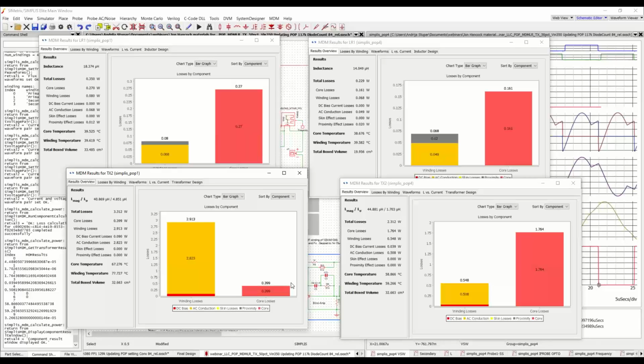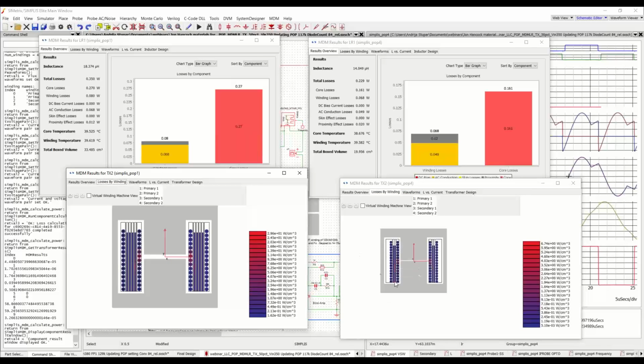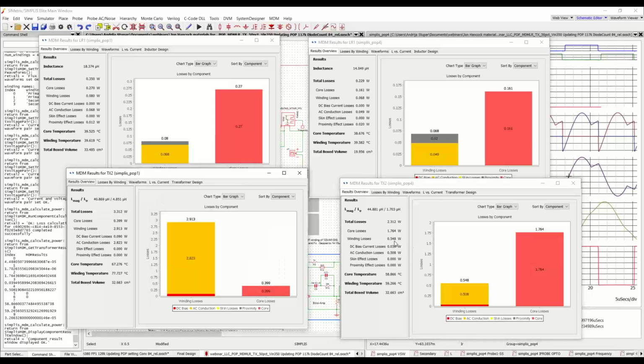And even though we've increased the core loss by quite a bit, and now it's taking up the majority of our transformer loss, by reducing the length of these windings, by pushing them closer to the core, we've managed to decrease our AC conduction loss quite significantly, as you can see here.